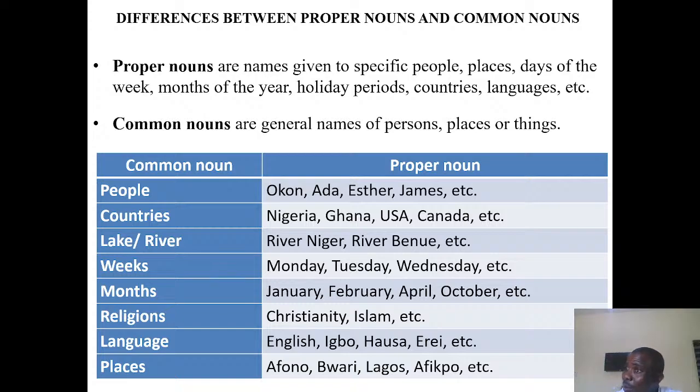The word people is a common noun because it is a word used for a general group. The people are coming. Here, you are not talking about one person. But when you want to make it proper: Okon is coming. Ada is coming. Esther is coming. James is coming. Just take note of that. The same is applicable to country, river, week, month, religion, languages, and places.